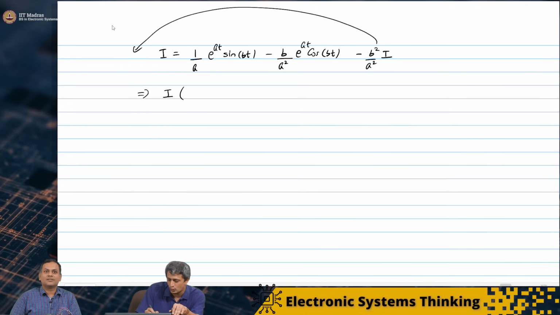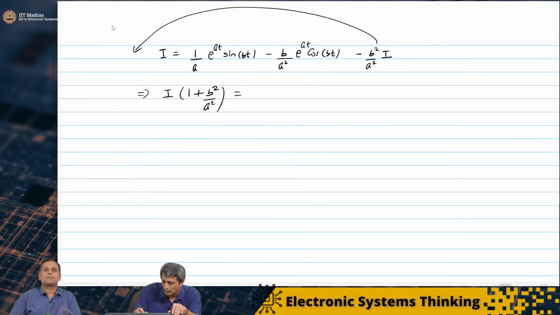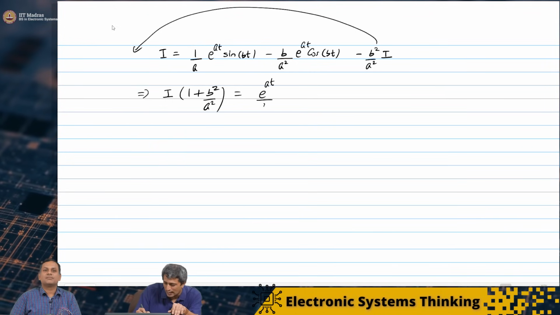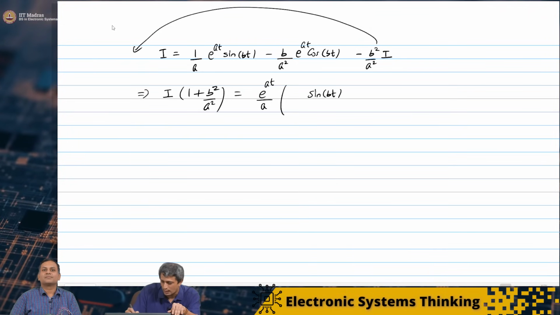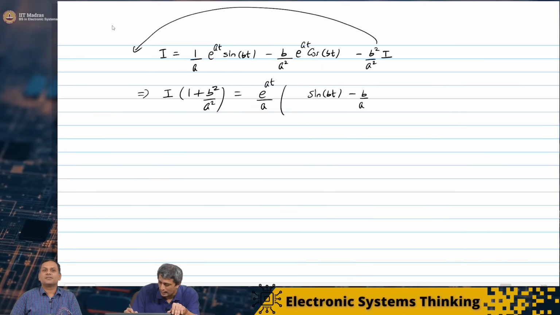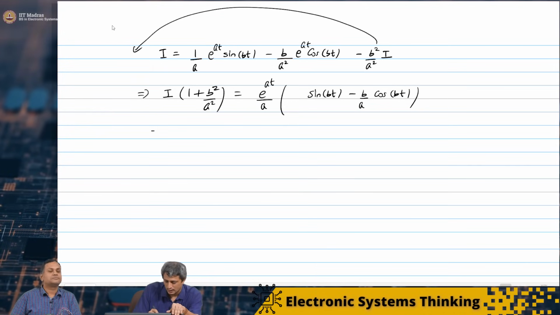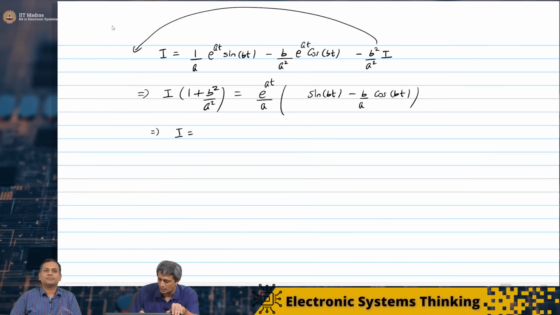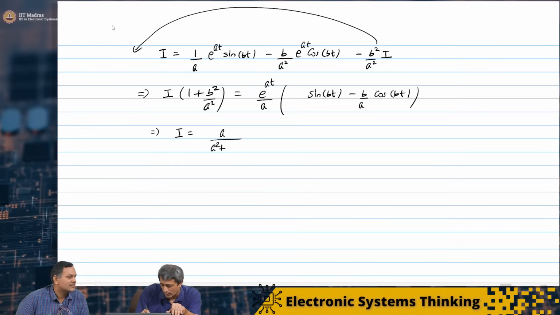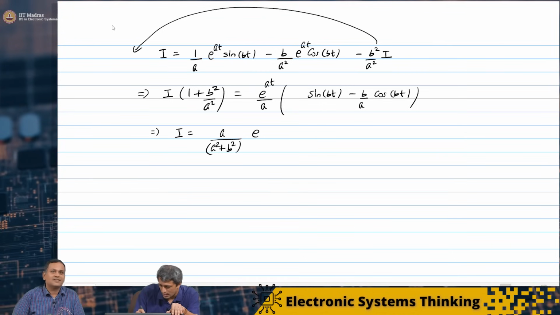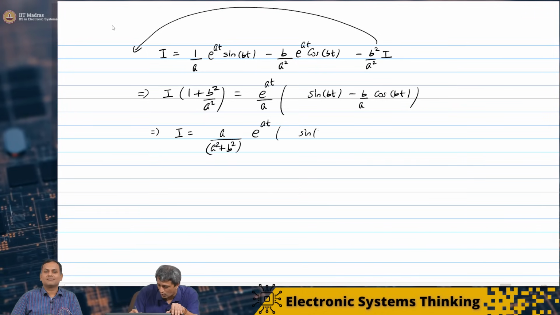It implies I into (1 plus b squared by a squared) equals e^(at), I'll keep that a outside, sin(bt) minus b/a cos(bt), which implies I effectively is going to be a/(a squared plus b squared) e^(at) into sin(bt).